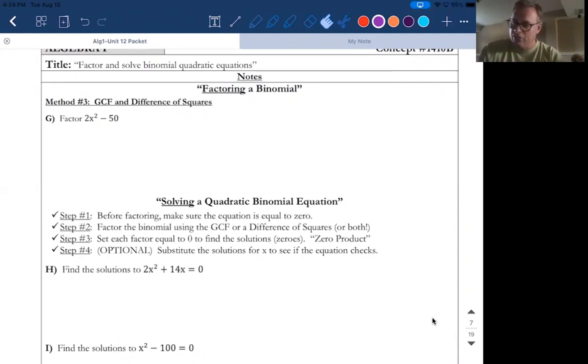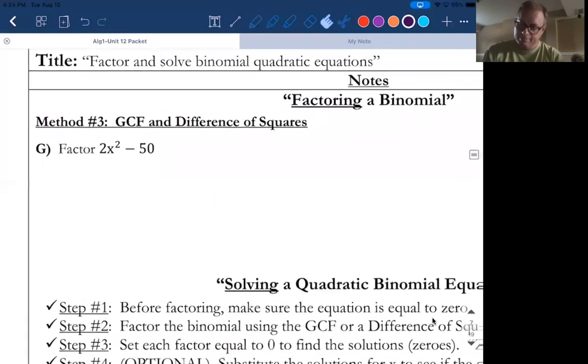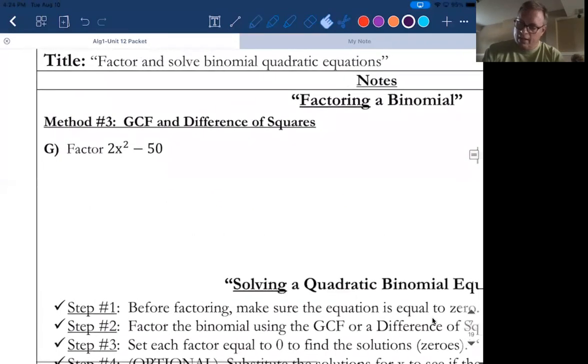Let's do it. If we take a look at 2x squared minus 50, what do 2x squared and 50 have in common? Well, we could think of this a couple different ways. One is we could break each part down, or we could just go, hey, I know what they both have in common.